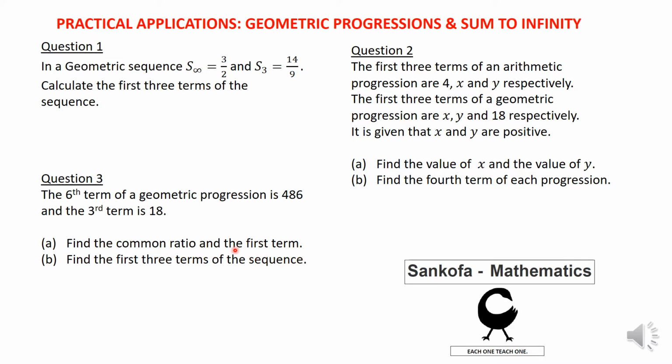That is an a and an r, two letters, meaning you come up with two equations and then solve them simultaneously. Once you have the value of a, your first term, and the value of r, your constant ratio, you should be able to find the first three terms of the sequence. So you can pause the video right here and attempt these questions and see how far you get.